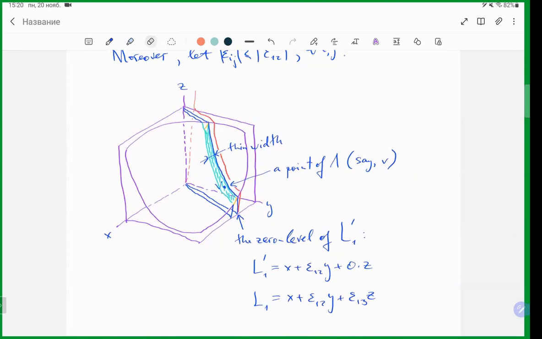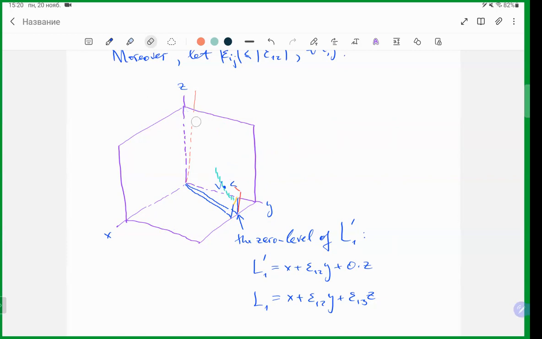I want to change the picture slightly. I want to make it a bit more delicate. So probably I will delete everything in here.